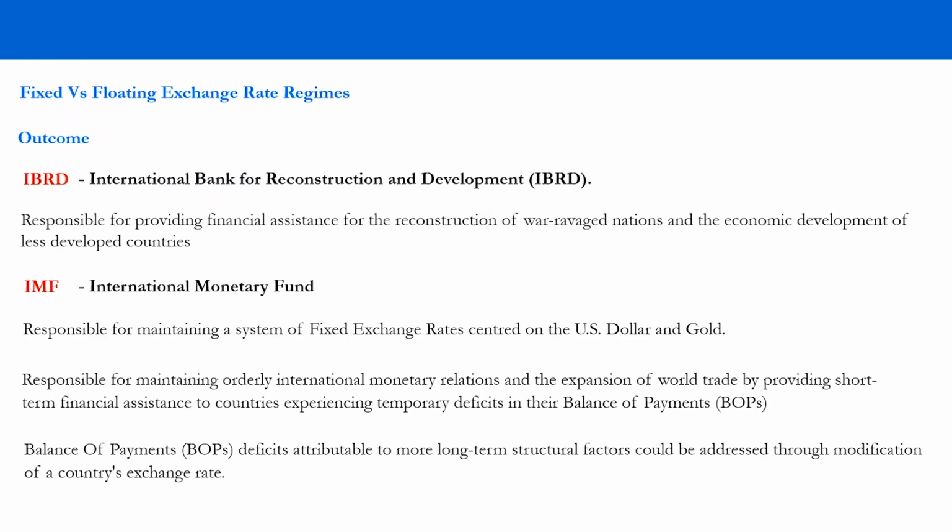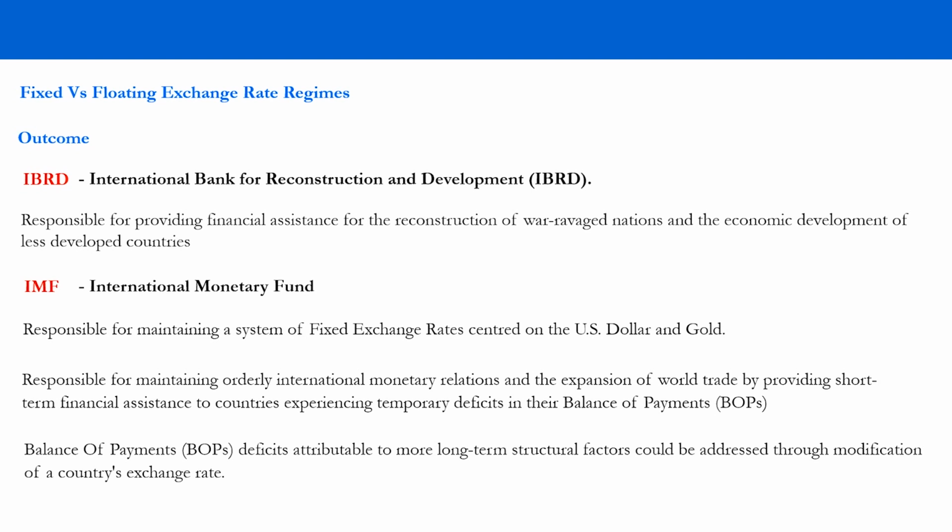So what was the outcome there? Well, the International Bank for Reconstruction and Development, the IBRD, was given responsibility to provide financial assistance for the reconstruction of the war-ravaged, less developed nations, so given responsibility for the economic development of these countries. The IMF was given a bit more responsibility.